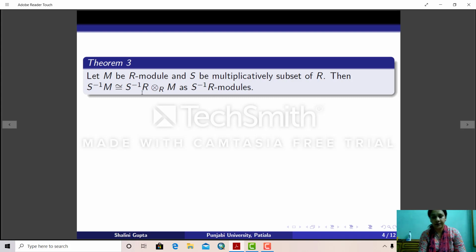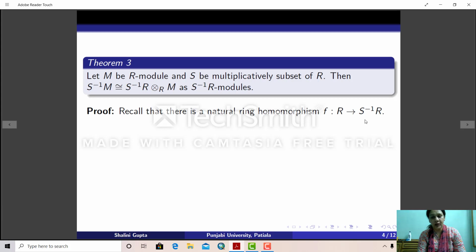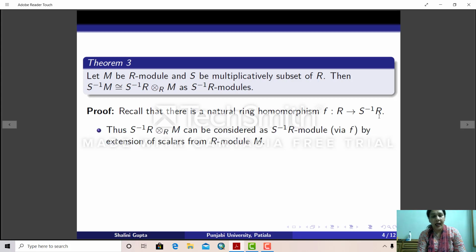Now see, M is an R module, and there is a natural ring homomorphism from R to S inverse R. So thus S inverse R tensor M over R can be considered as an S inverse R module by extension of scalars from the R module M, as discussed in the previous slide. So this S inverse R tensor M over R is an S inverse R module.